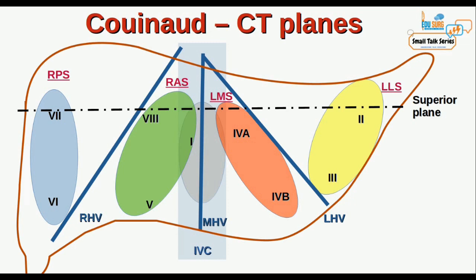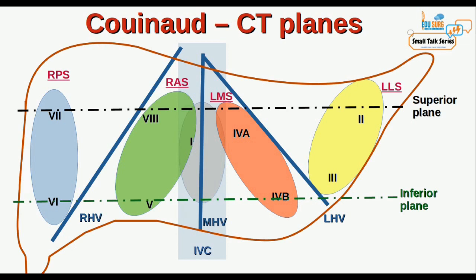As you scroll from head end to toe end, you start seeing the hepatic veins fanning out like fingers from the cava. This is the superior plane of the CT, where you can see four segments as seen in this picture: segment 2, segment 4, segment 8 and segment 7.